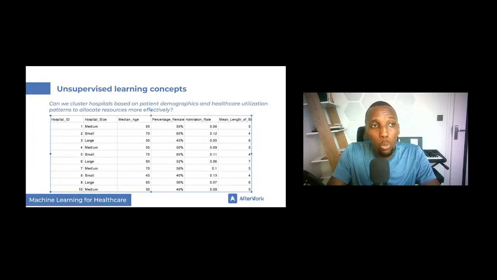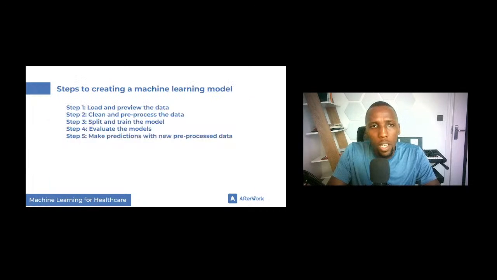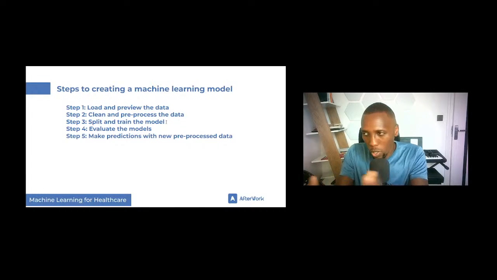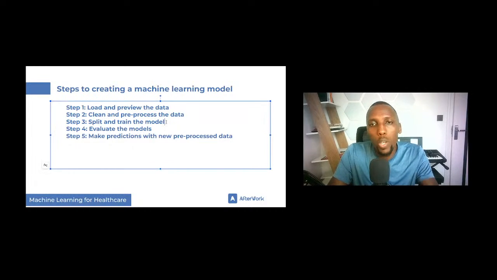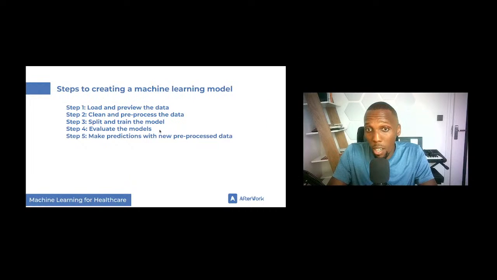Generally, when it comes to supervised learning, we would perform these steps. First, load data, clean data, split and train the data. So we would split our data into features and also a target. Then later we would also move towards splitting into what is called a test and a training data set, which we'll get to learn. Then we evaluate how the model performed in terms of the training process.